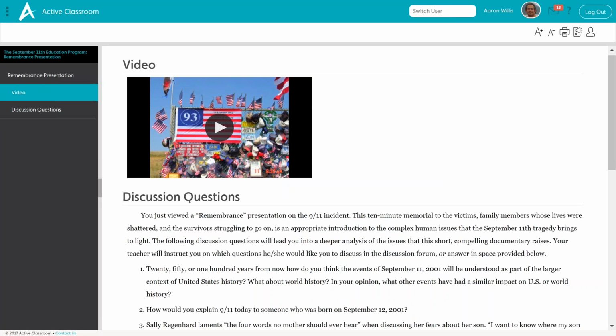What happened, how did it happen, who was involved, but it really tells it from the point of view of interviews with the people that were affected, whether they were rescuers rescuing people, survivors escaping from the towers, or relatives of loved ones who died as part of the attack. And it includes both a reference to Pennsylvania, as well as New York, as well as Virginia. So within 12 minutes, it gives the students a really good overview, and it tells it from the perspective of people who were involved.